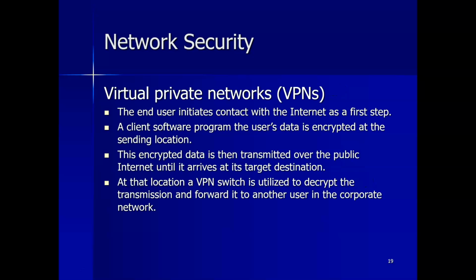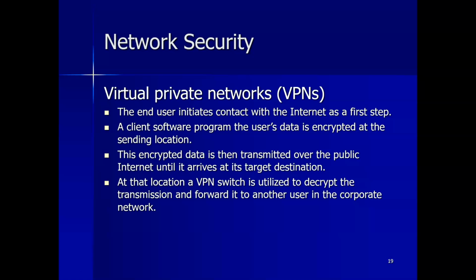Now, in certain cases, an organization might want to utilize a public network, but want a high level of built-in security. In order to satisfy this requirement, virtual private networks, or VPNs, were created. This process is effective in that the end user initiates contact with the internet as a first step.